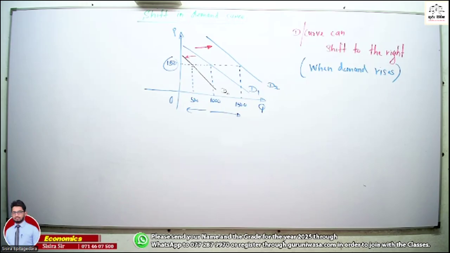The demand curve shifts to the right side. Just draw it. This is a demand curve. Page number 10. The demand curve shifts to the left side and right side. Can you see? On page number 10, you can draw this diagram. Sir, can I draw the right one and then the left one on the other side?